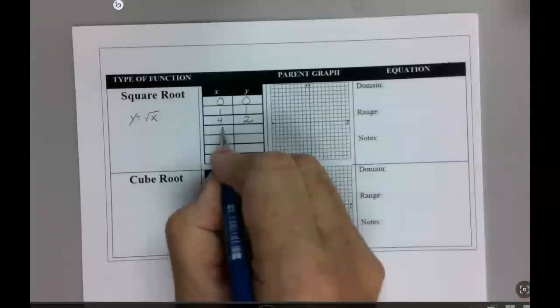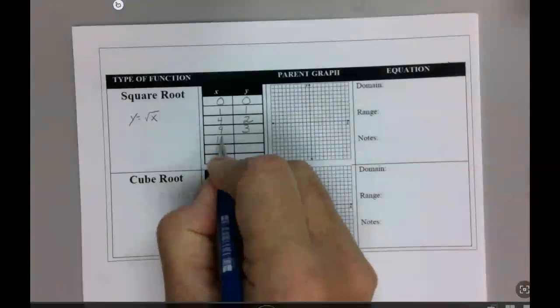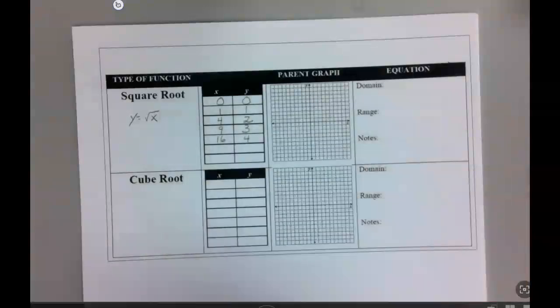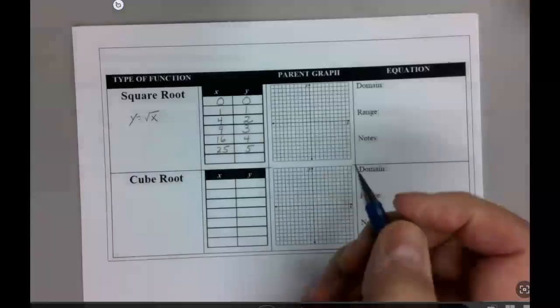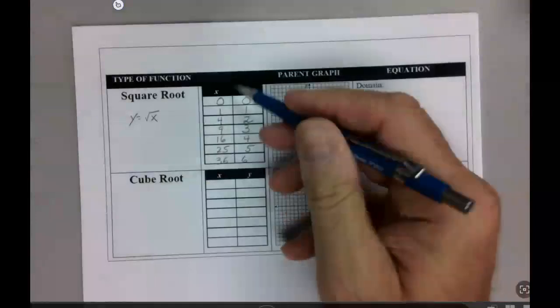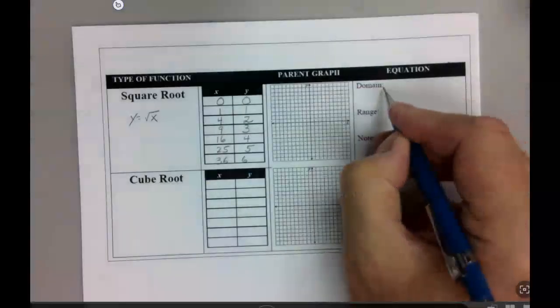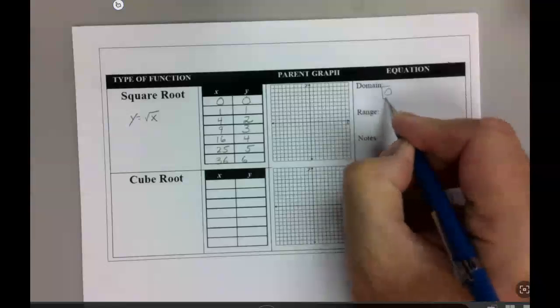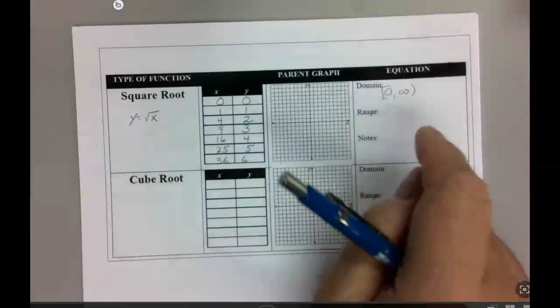What's the square root of 9? 3. What's the square root of 16? 4. What's the square root of 25? 5. And then what's the square root of 36? 6. You cannot take the square root of a negative value. So your domain this time is 0 included to positive infinity. That means they have to be positive.